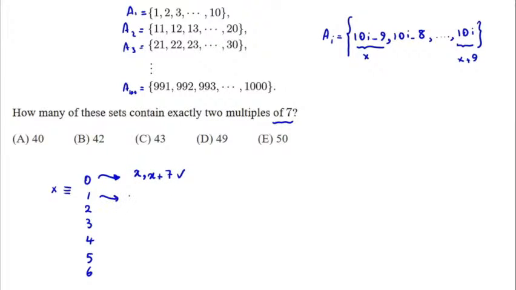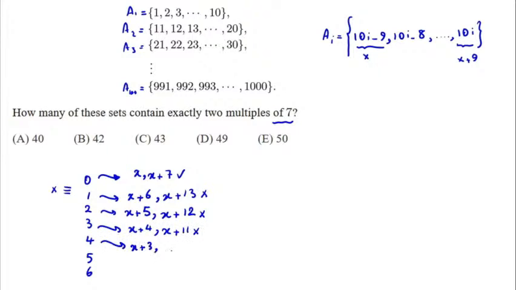The next one, x plus 6 is a multiple of 7, and the next one, x plus 13, is bad because we have only up to x plus 9. This one, x plus 5 is a multiple of 7 and x plus 12 is bad. x plus 4 is a multiple of 7 and x plus 11 again is bad.